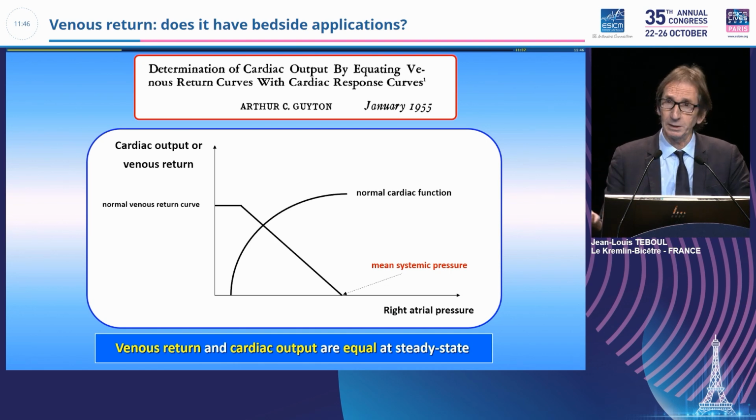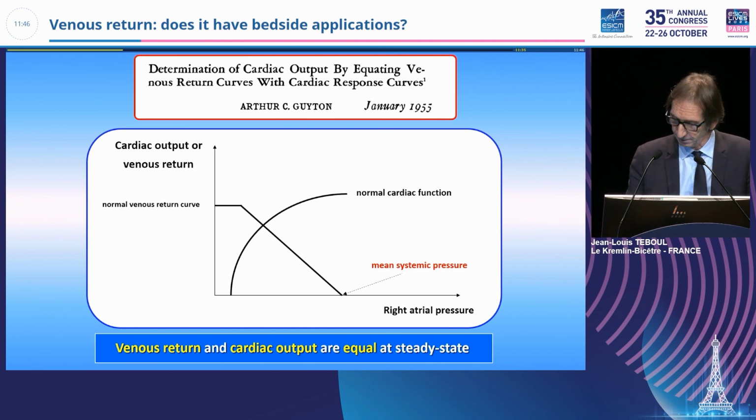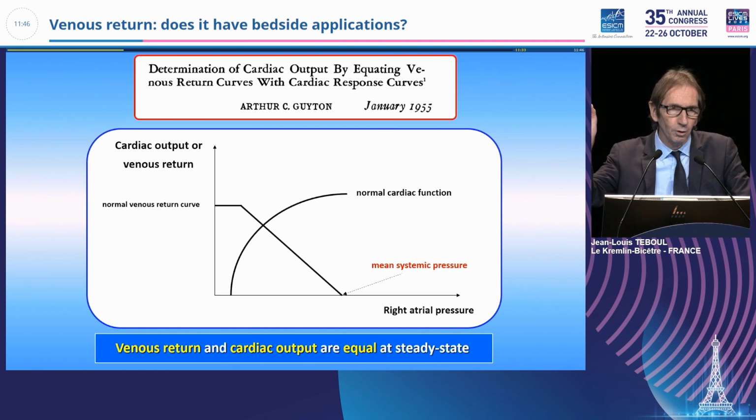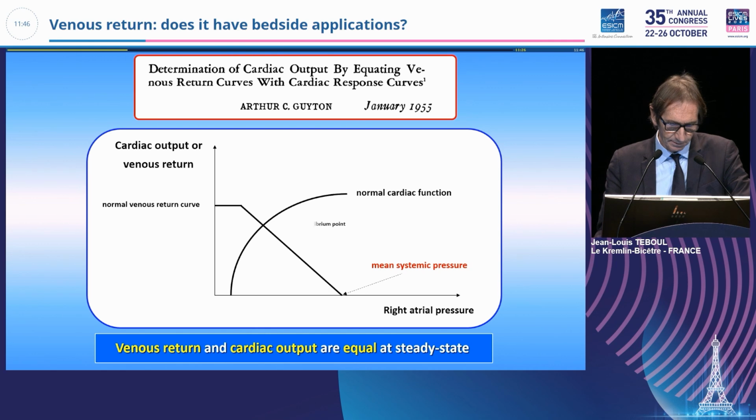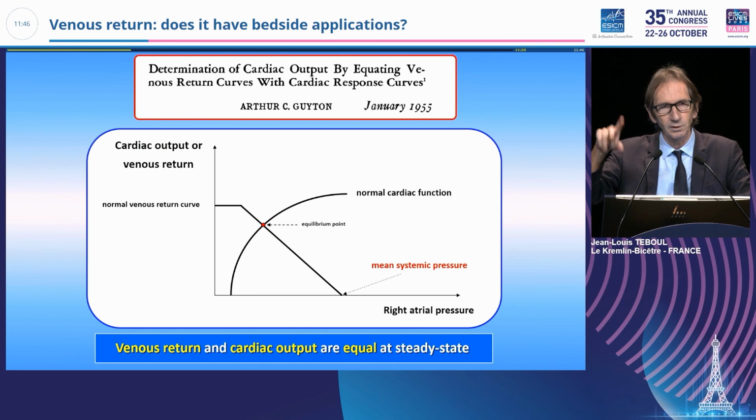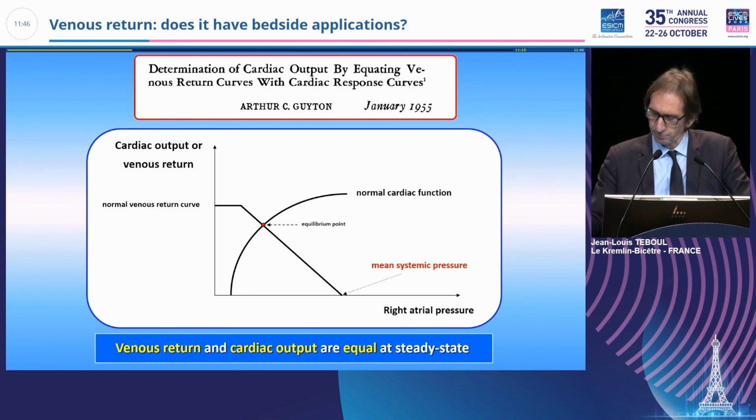And of course, because they are equal at steady state, there is an optimal point for right atrial pressure and for cardiac output, which is this equilibrium point, which is the crossing point between the two curves, Guyton curve and Frank-Starling curve.